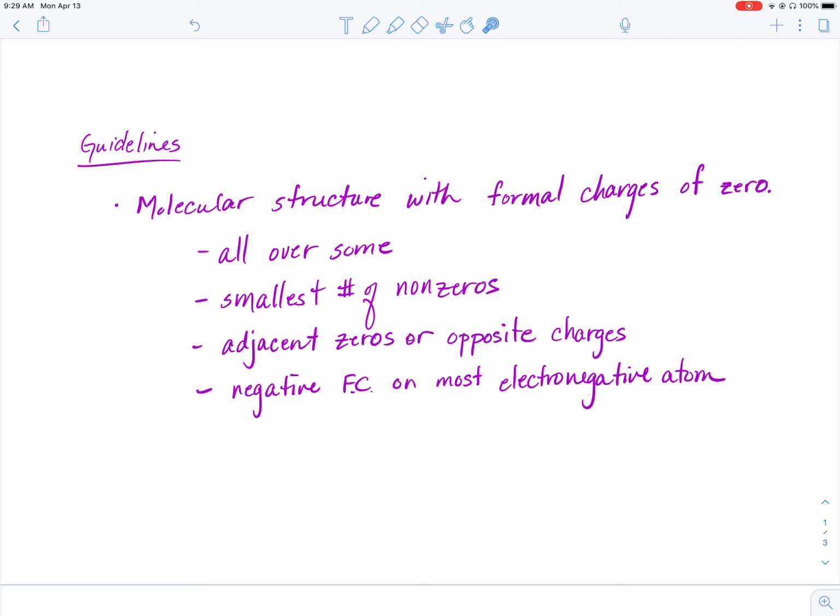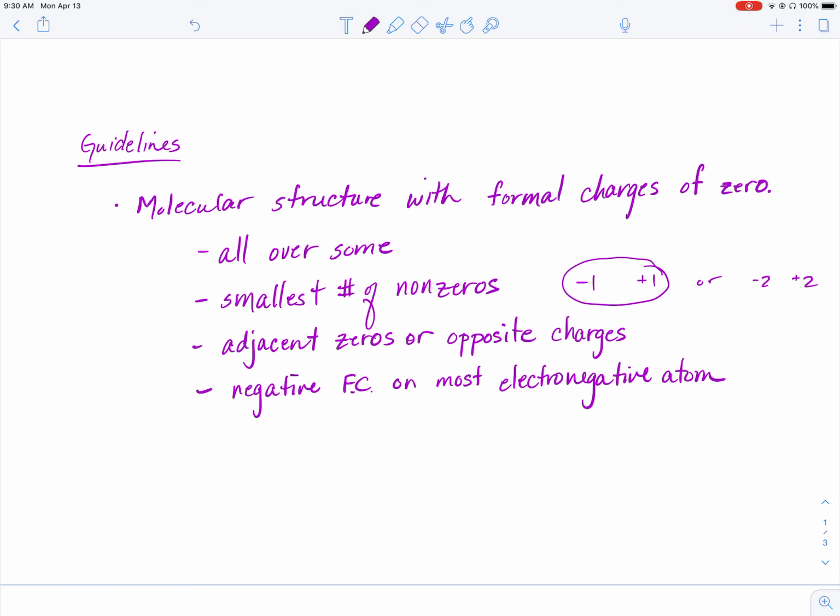I might even go a little further than that to say that if you had a combination of -1 and +1, or you had -2 and +2 as two formal charges within a structure, you might even want to use the formal charges that are closer to 0 rather than not. And so that might be something I might add to these guidelines.